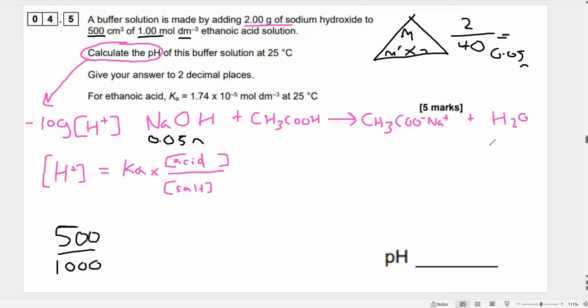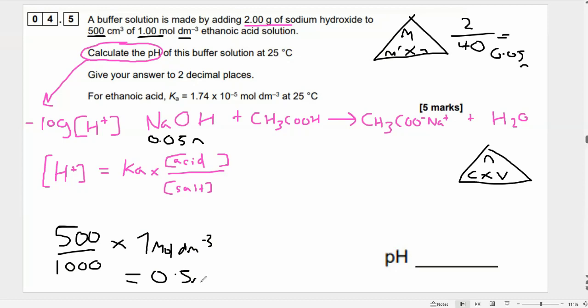Now, according to the equation, which is moles equals C times V, you need to know that off by heart. You probably do from GCSE, I need to do volume times the concentration, so times 1 mol dm⁻³. I'm going to get 0.5 moles of the ethanoic acid. Brilliant. So what we want to do now is write 0.5 there.